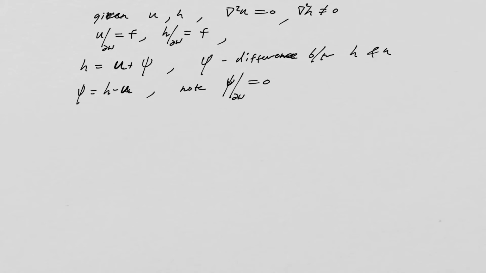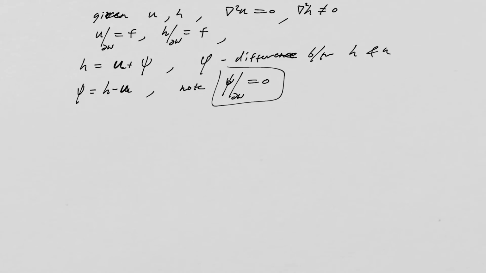That's just a simple fact: if you're taking H minus U, their values at the boundary are both F, so the difference is 0. So that's a really important fact.